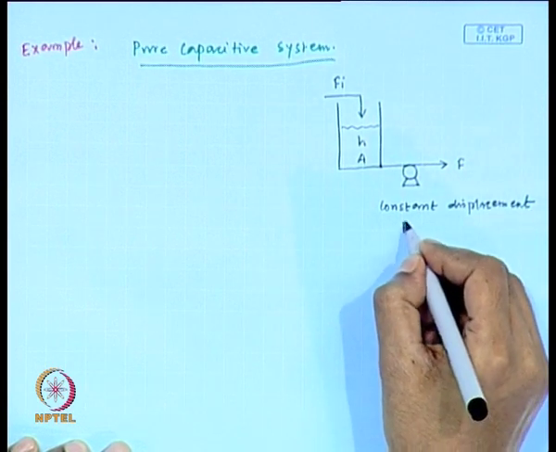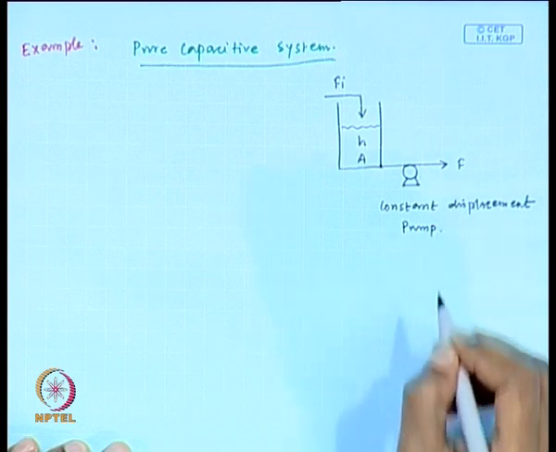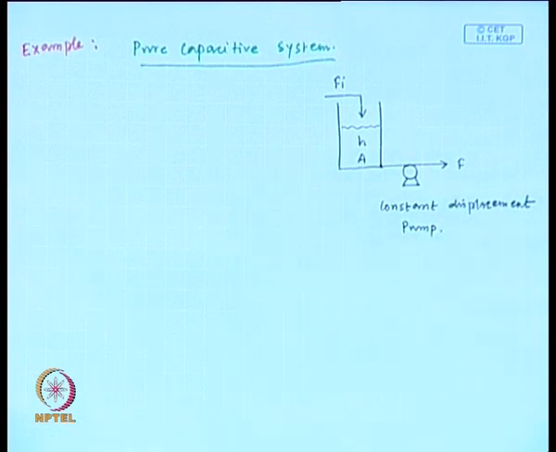It means the flow rate is constant, I mean F is constant.